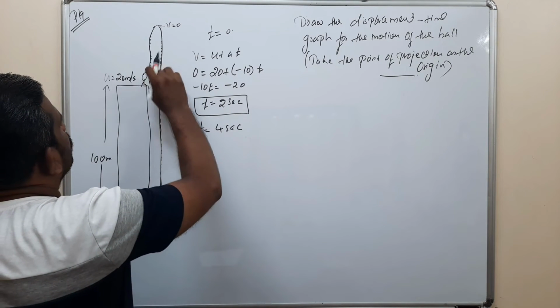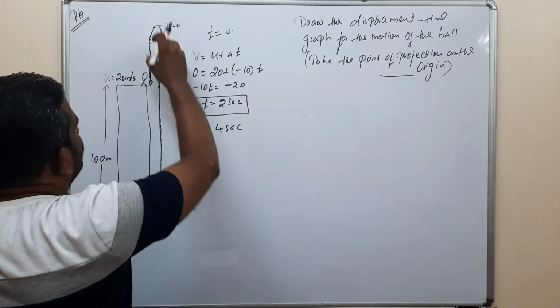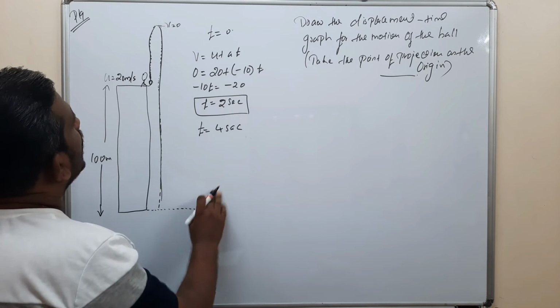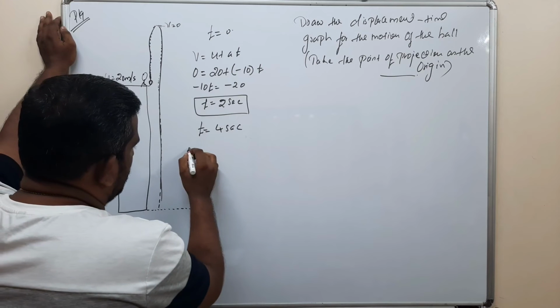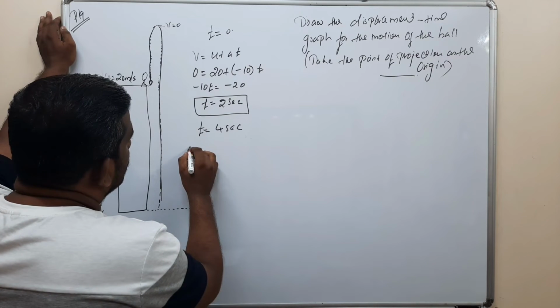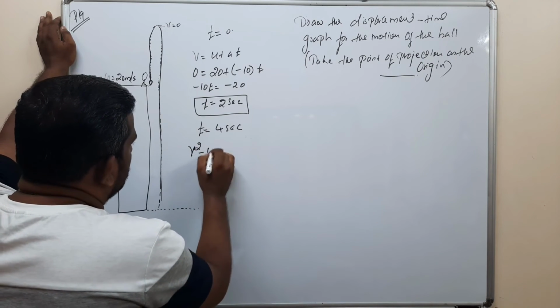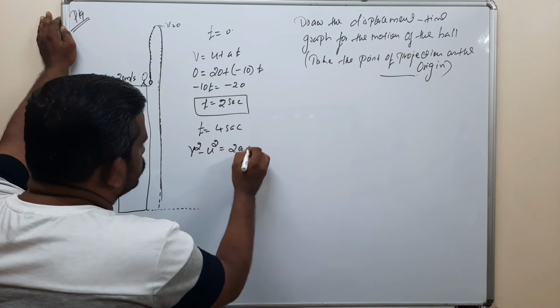So what is the maximum height reached by the ball? That is the distance, the maximum height reached by the ball. Using v square minus u square is equal to 2as.